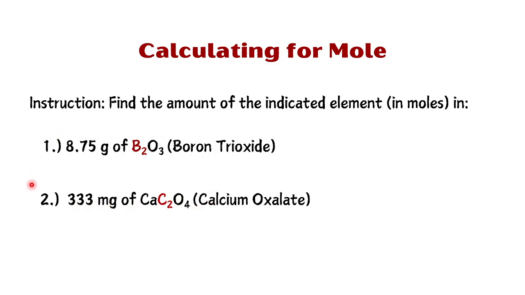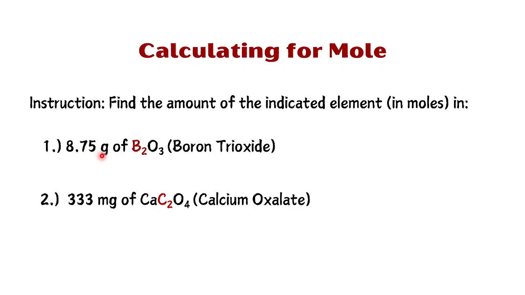Now this sample problem here, class, is different from the previous one because in the previous one, we looked at the whole compound. The question itself did not direct us to determine the mole of a specific element.